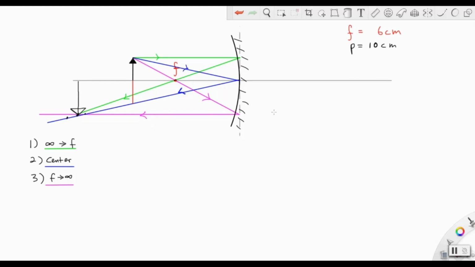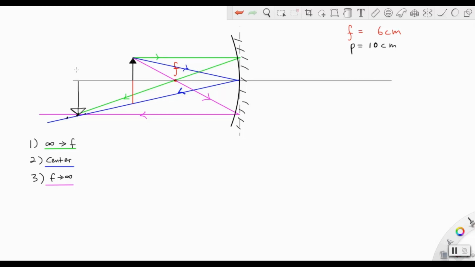We can also go through the process by looking at an object that is inside the focal point. And we would get a different result, right? Before we try that, let's ask ourselves, is this a real image or a virtual image? Is it inverted or is it right side up?